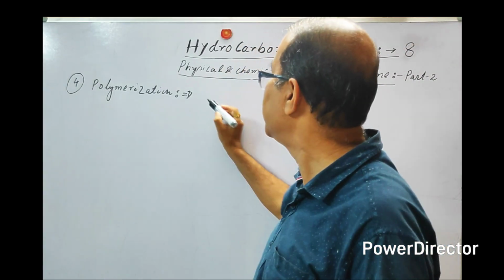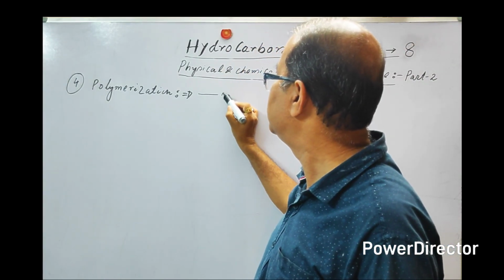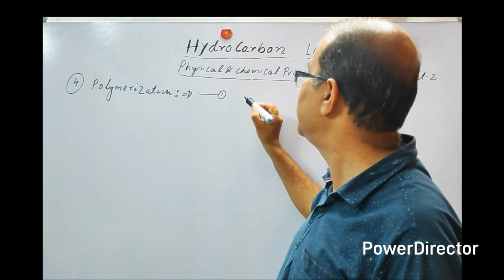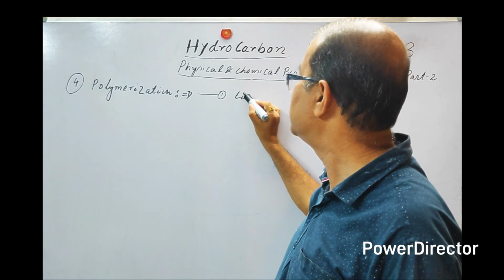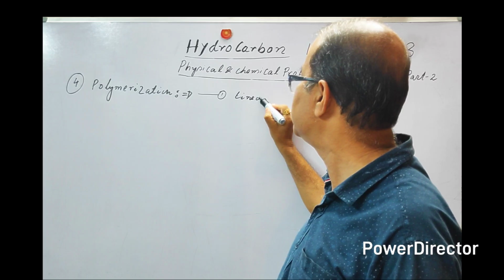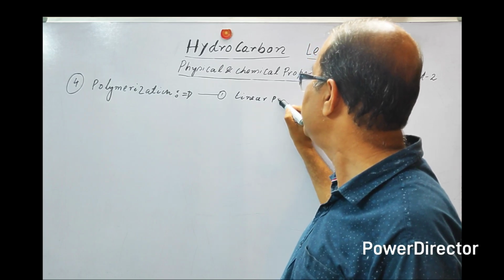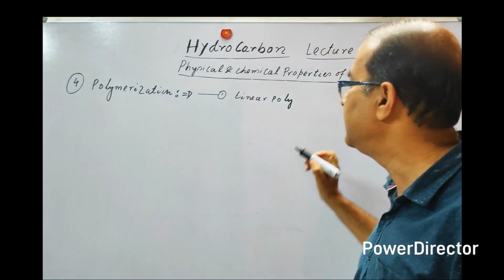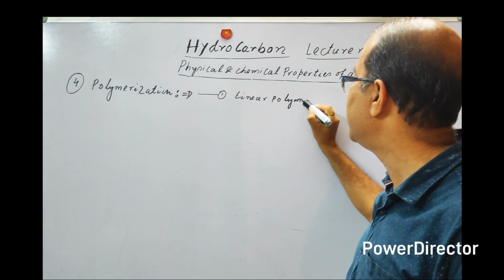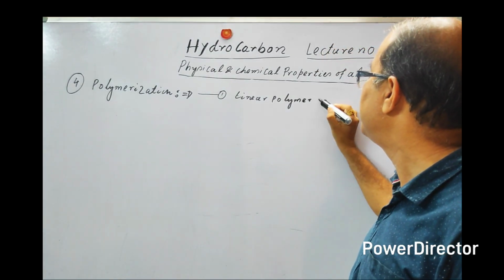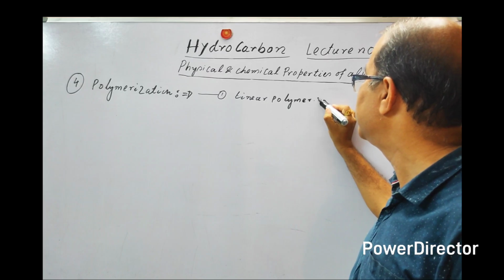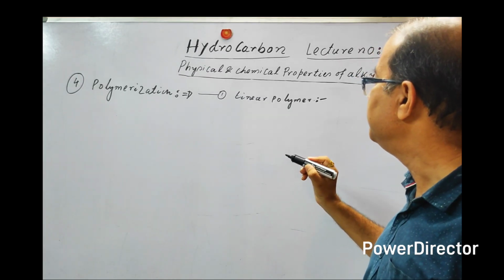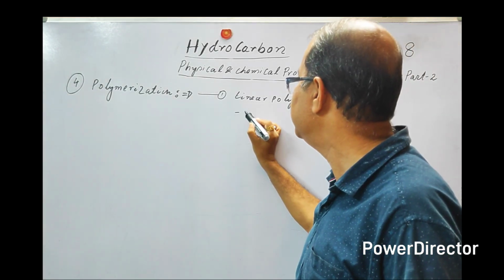Here we see that two types of polymerization reaction occur. One is linear polymerization. In linear polymerization, the molecules are added up linearly and produce a very large chain. In this case, the repeated unit will be like this.